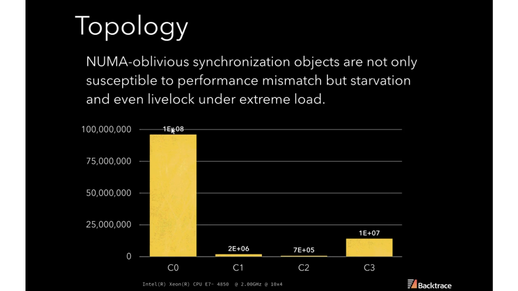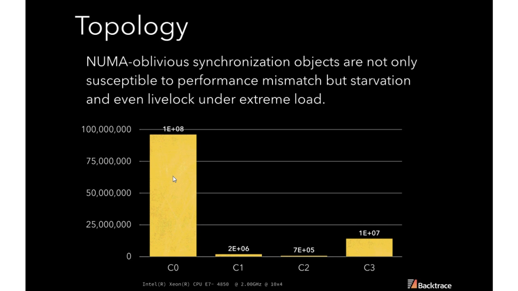Another important factor is if you're using a synchronization object, like a read-write lock or some type of mutex, and it is NUMA oblivious, you can end up with very significant performance artifacts. That's not just starvation, but you can even have live lock under very high levels of load.